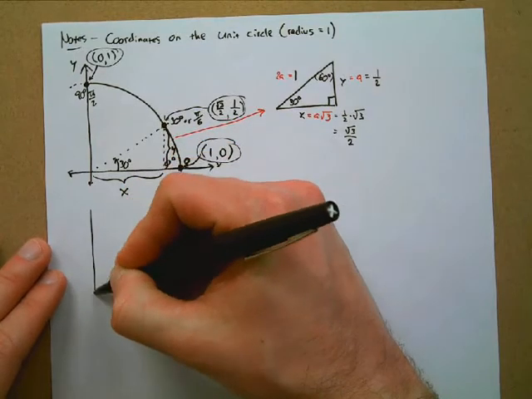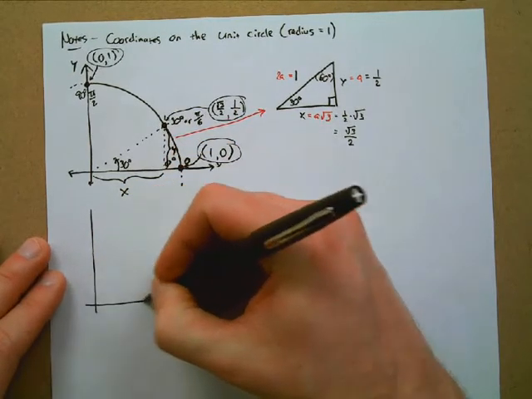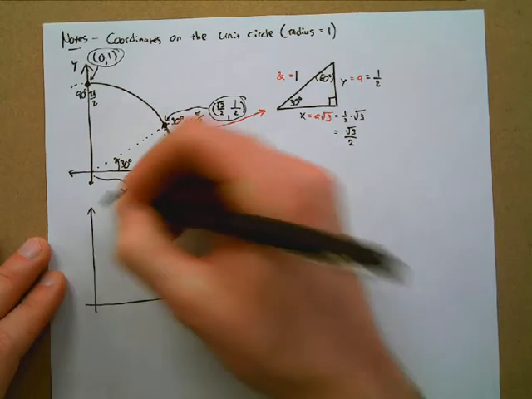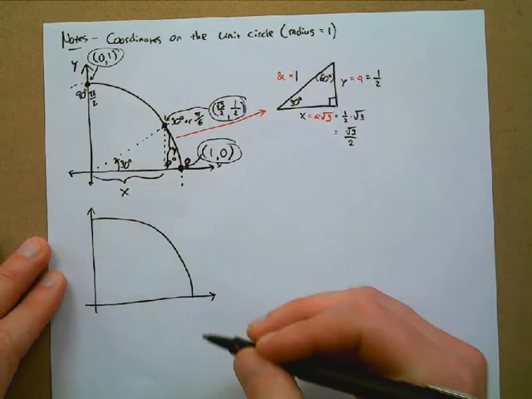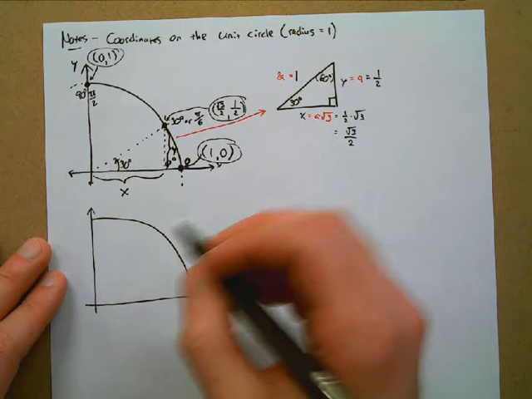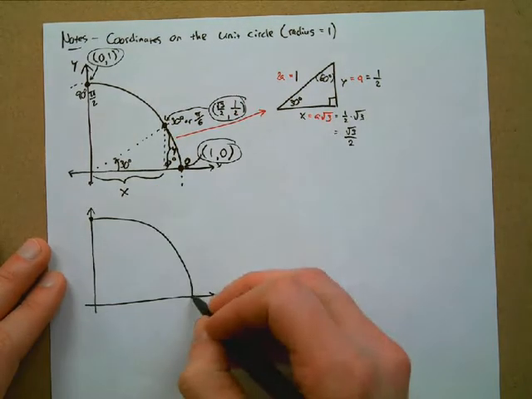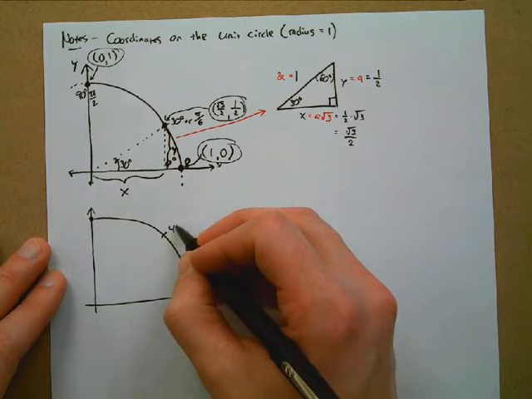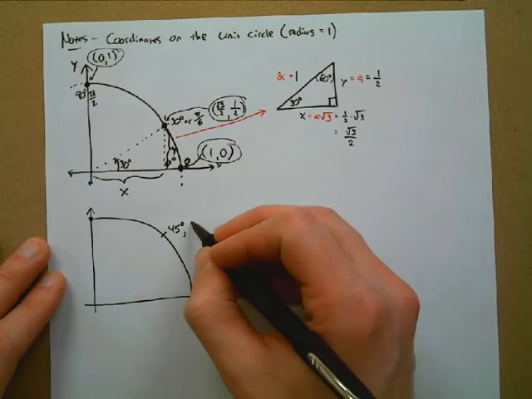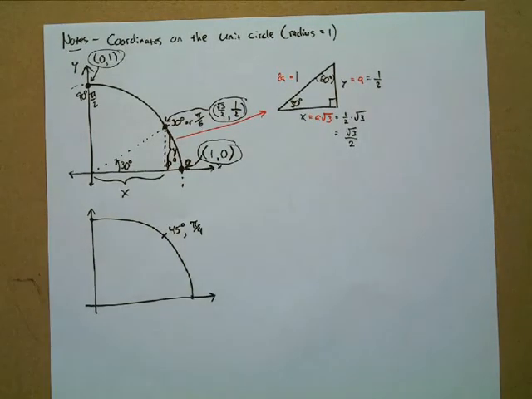Again, we have the other angles. The next angle we're going to talk about is 45 degrees, which is what comes up next in order here, or pi over 4. So we'll draw, again, we want to find the x and y coordinate for this point on the unit circle.